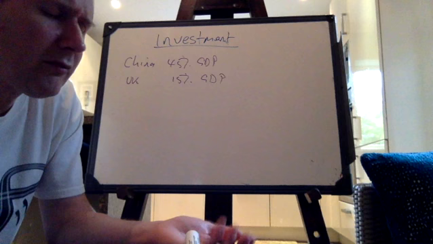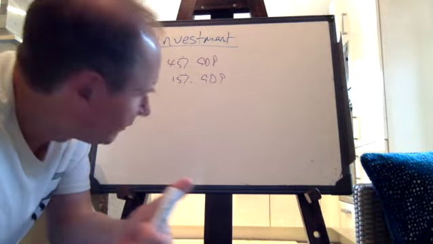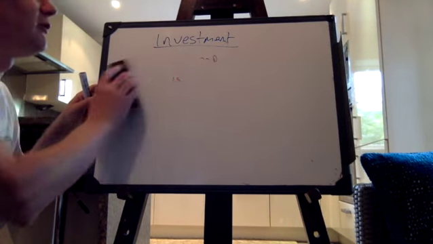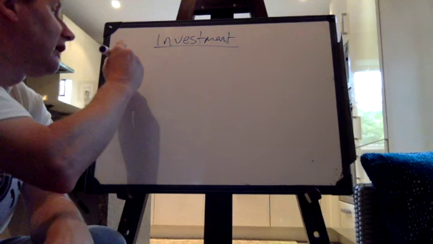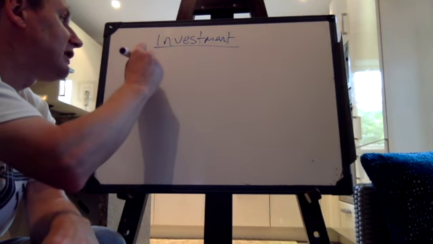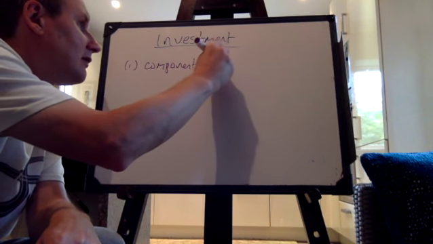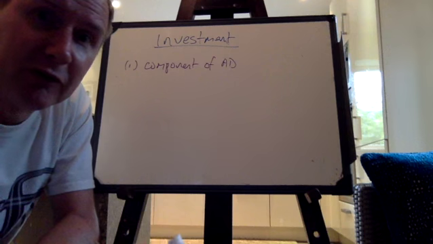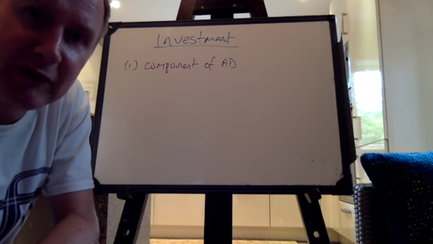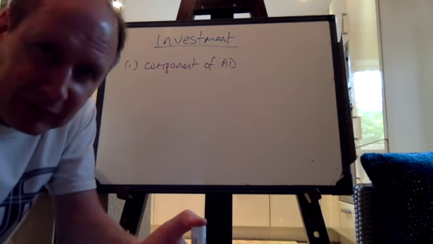So does that matter? Why do we care about investment? We care about investment for 3 or 4 main reasons. The obvious reason is that investment is a component of aggregate demand. And therefore, if firms are investing, whether they're local firms or foreign firms doing FDI, foreign direct investment, that investment literally creates jobs.